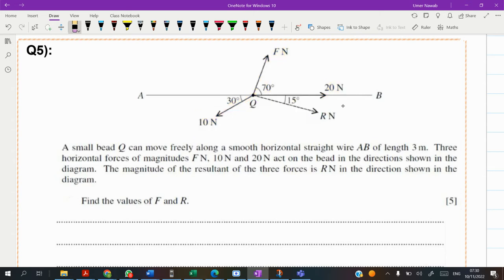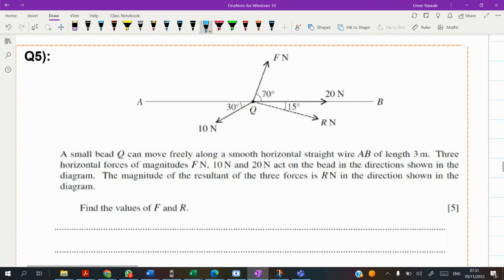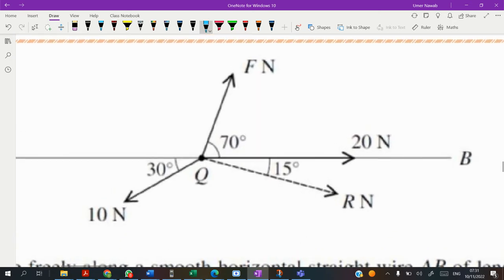So how to solve this question? I will definitely look at the components of every force. No need to resolve the 20 newton force because it is already acting along the x-axis. I will try to resolve first of all our F newton force. So the x component of F newton force will be, come on, F cosine of 70.